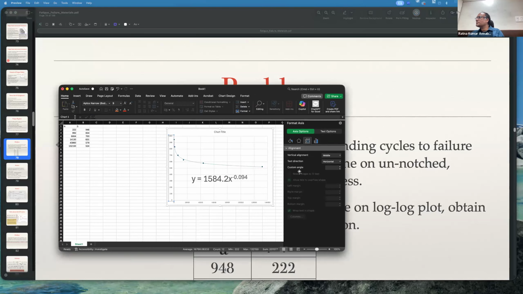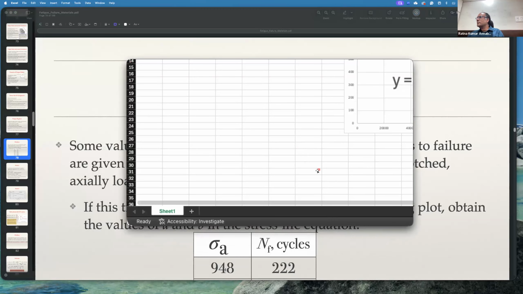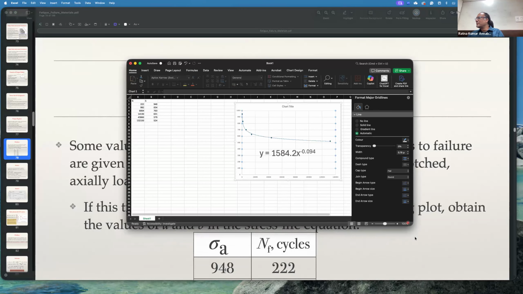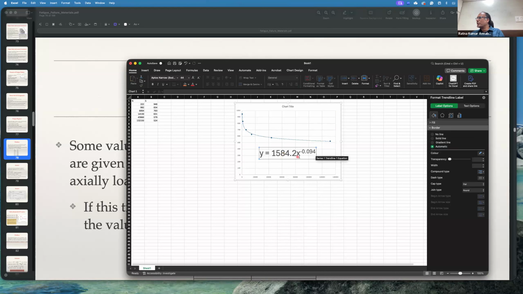This is what I got. Because N is your x-axis, S is your y-axis. You're able to see my screen? I have plotted the data and fitted a power law, and the power law equation is 1584.2 times x to the power of minus 0.994.